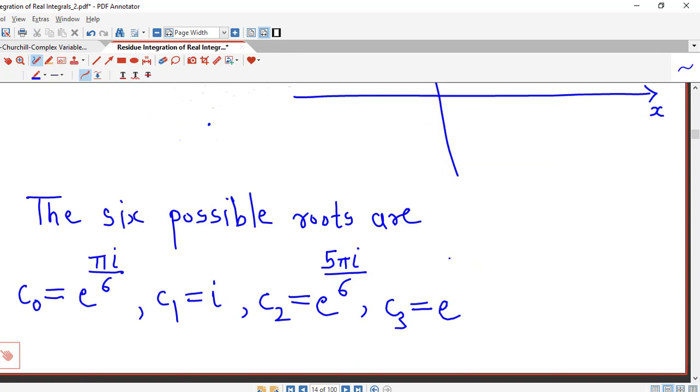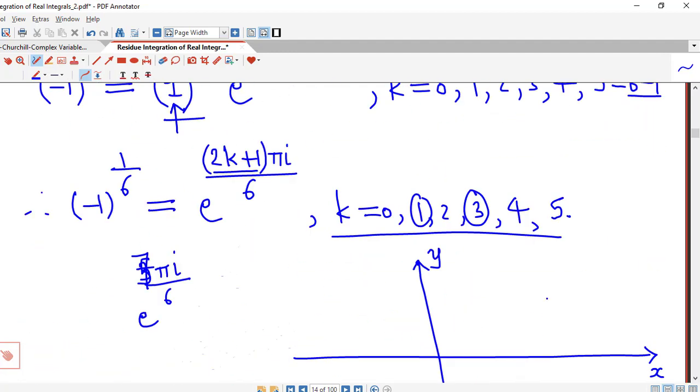So e raised to 7 pi i divided by 6. Similarly, C4, for k equal to 4, if we put k equal to 4 here, we have 8 plus 1, 9 pi i by 6, and we can cancel out 3 here, so here we are left with e raised to 3 pi i by 2.